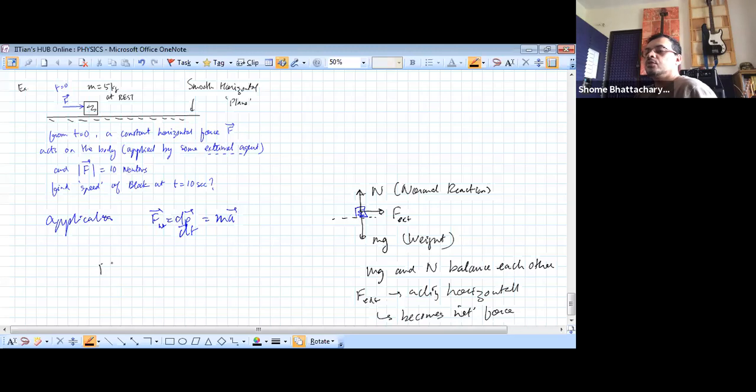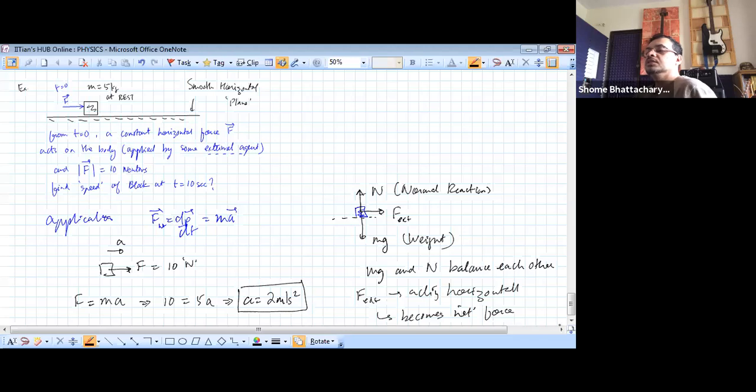So from that we realize that whatever external force we are applying, which is of 10 newtons magnitude, creates a linear acceleration, which we can now find out. So F will become equal to, because that's the net external force, mass into magnitude of acceleration. So 10 newtons will become mass, which is 5 kilograms, into acceleration. So the acceleration will become 2 meters per second square.